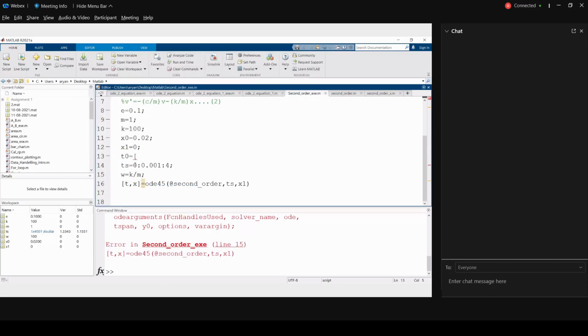So you wrote TS, correct? Yes, sir, TS on line number 14. So remove that T0, erase line number 13. Now TS is equal to 0, square bracket, start 0, and remove everything in between, the 0.001, and that colon also, space 4. That's fine. Now run it.